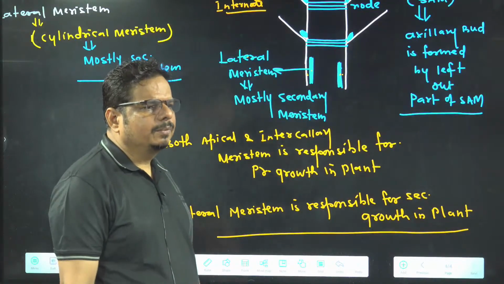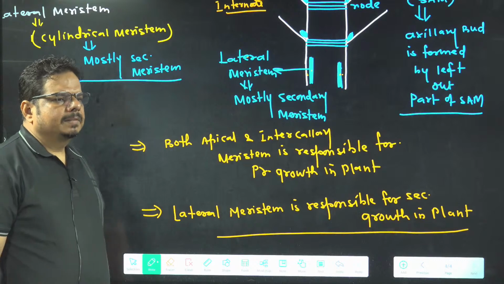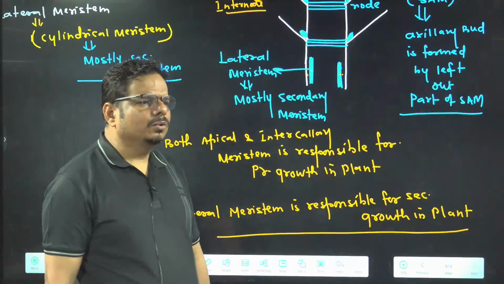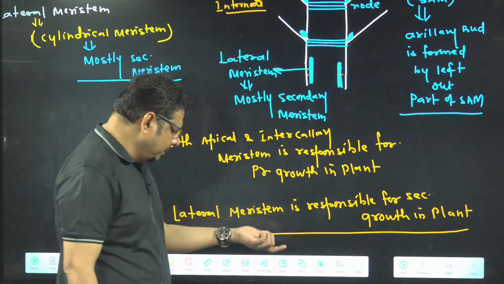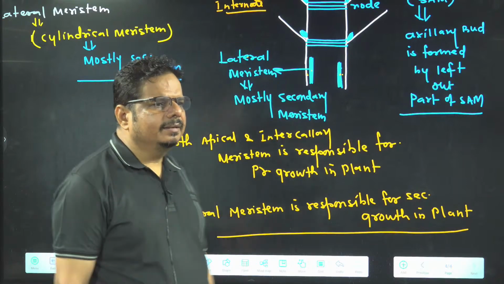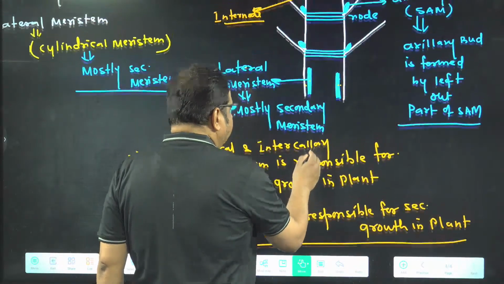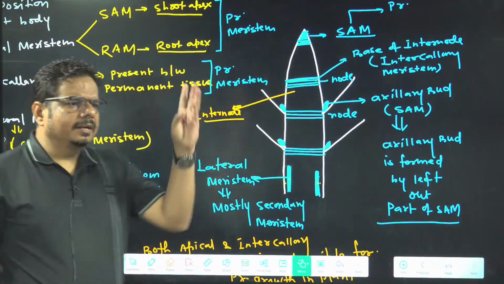Who is responsible for secondary growth? Apical and intercalary meristem cause primary growth of the plant, and lateral meristem is responsible for secondary growth of the plant. Is it clear?